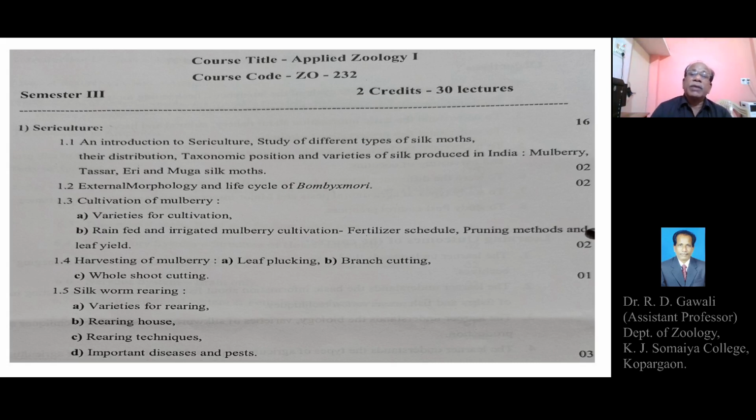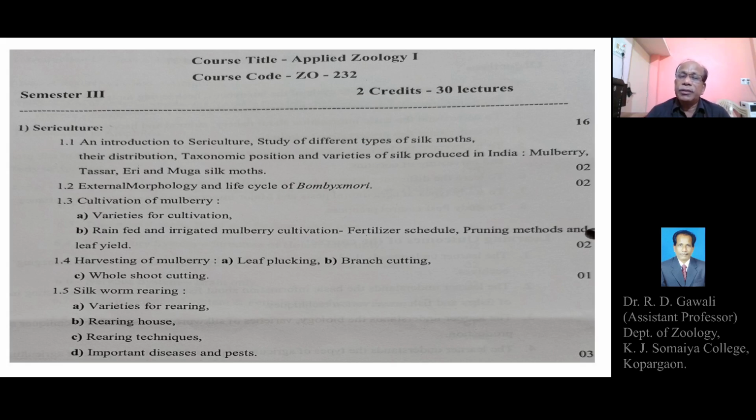These are bivoltine varieties. And the third variety of the silk moth Bombyx mori is multivoltine. This type of silk moth undergoes several generations, producing cocoons several times in a year.